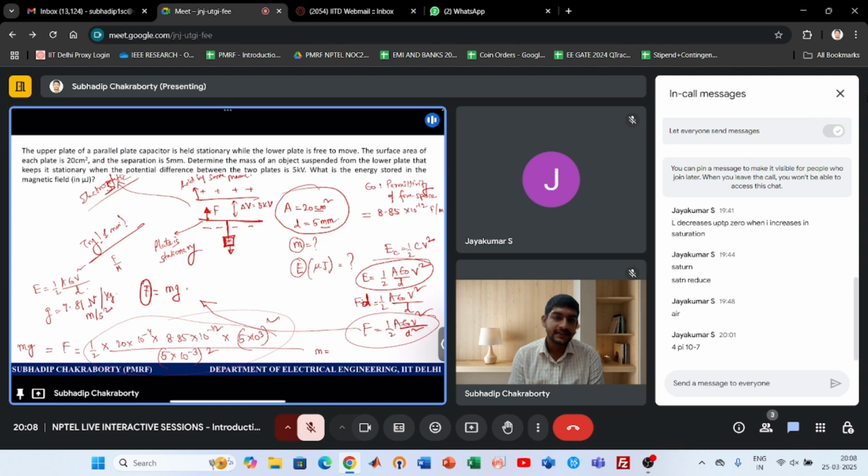Now divide it by 9.81, you get M. Now what is it coming? So M is nothing but force divided by 9.81, right? You do it and tell me what is M coming. Tell me in kg because it will give you in kg.